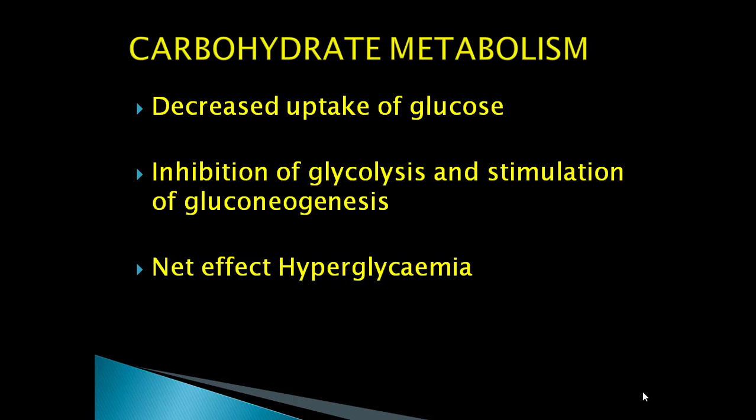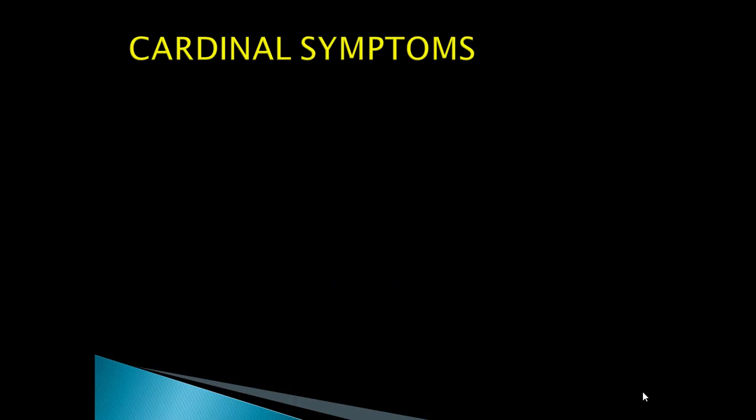So it also contributes to blood glucose. So the net effect is hyperglycemia. Now these metabolic derangements are responsible for various cardinal symptoms that are observed in diabetic patients. Which are those symptoms? So that are polyuria.